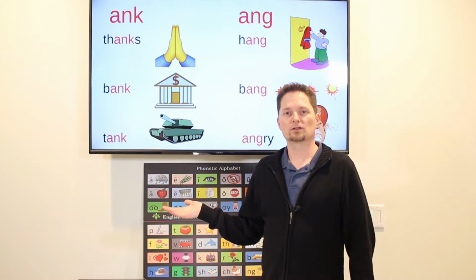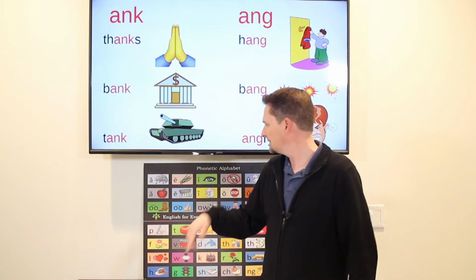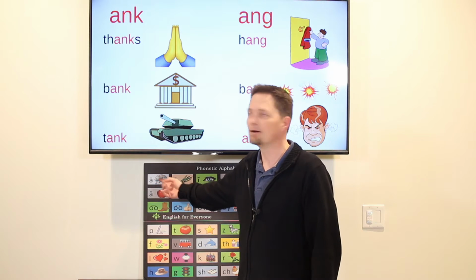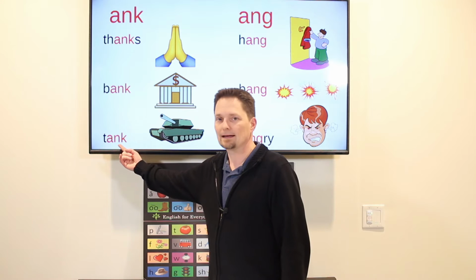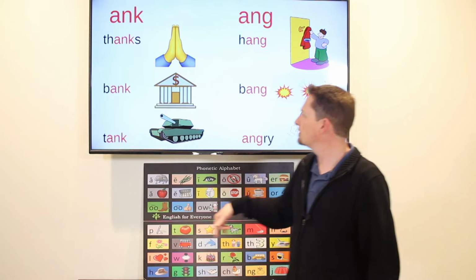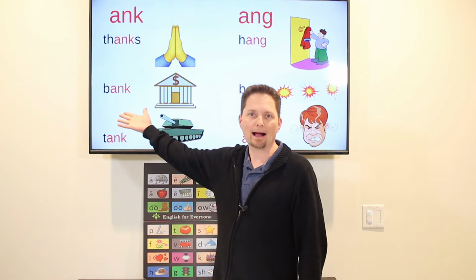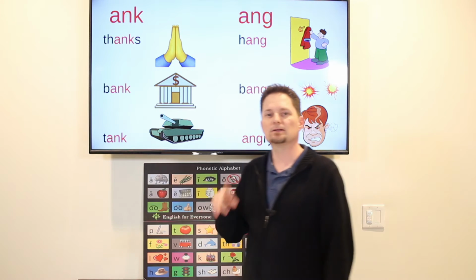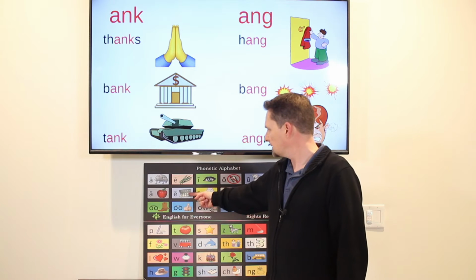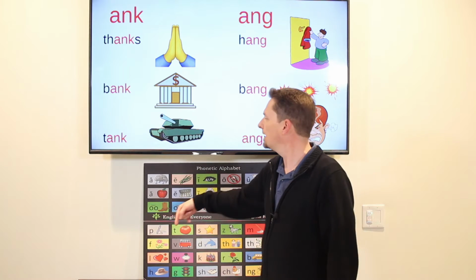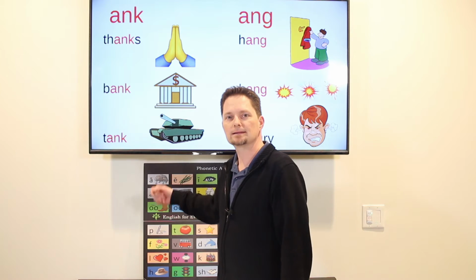And we have other sounds with A, the long A. We're going to use the long A before NK and before NG. So we don't say bank with the short sound, we say bank with the long A. The sound A is two sounds, E and A combined together.